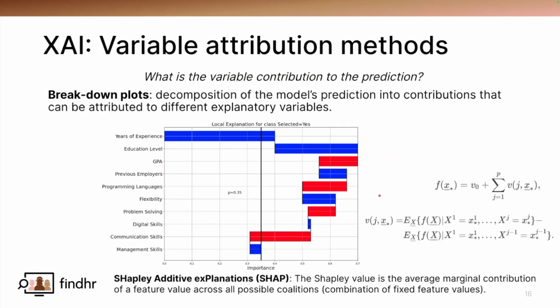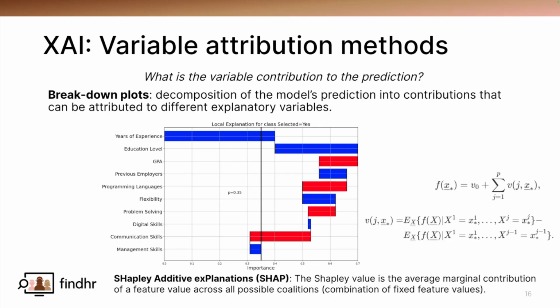Let's see what we have in the slide. Okay, yes, just a short overview or recap on SHAP that should have been presented, like other methods, in the theoretical lectures. This is one of the possible visualizations of SHAP through breakdown plots.